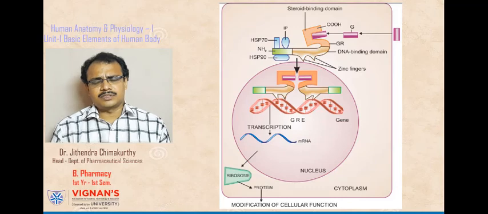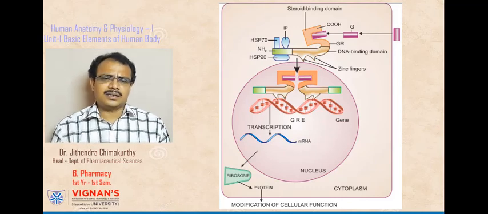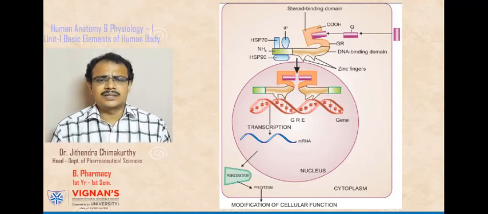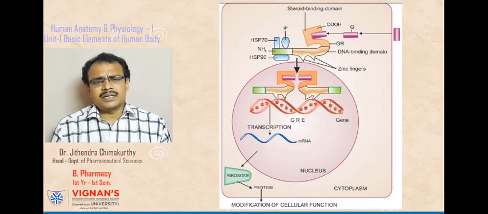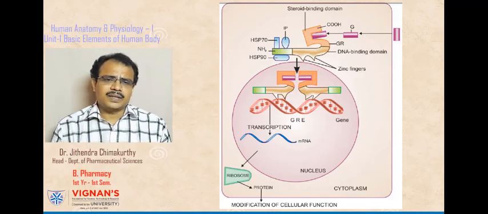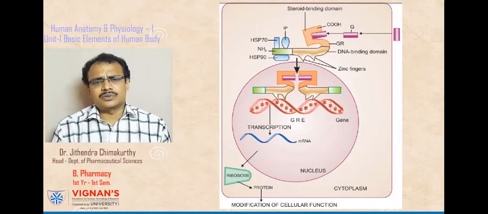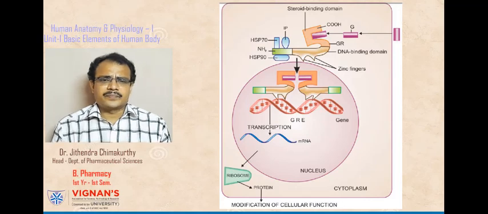The fourth type of receptors are intracellular receptors, and these intracellular receptors are present within the cytosol, and the ligand, which is hydrophobic, or we can say which can cross the cell membrane, will bind to this intracellular receptor which is present in the cytosol. And once this ligand receptor binding occurs, this leads to movement of this complex into the nucleus and activation of DNA binding sites.